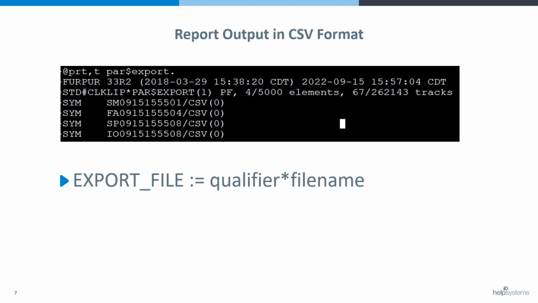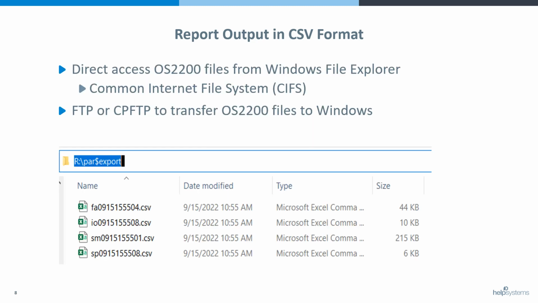After you have the PAR $export file on the OS 2200 system, you can transfer this file to the Windows system so this file can be visible on Windows. There are a couple ways you can access OS 2200 files from Windows. You can use Common Internet File System, CIFS, to share the OS 2200 project and map that project to a Windows drive.